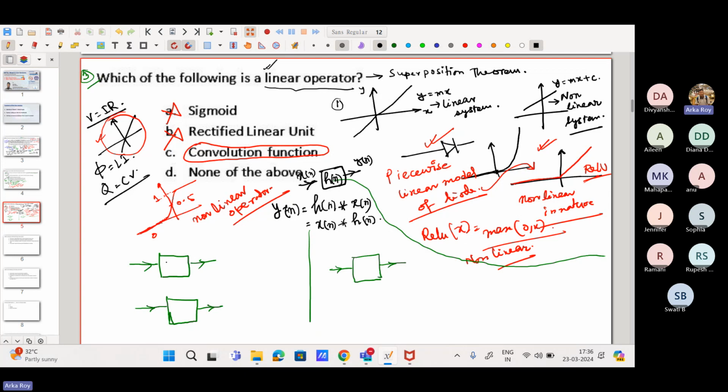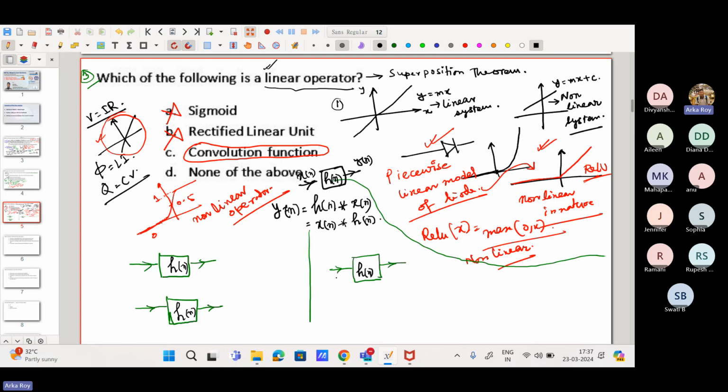So we need to check whether the superposition theorem is obeyed here or not. Let us consider the system response as h[n] in all three cases. The superposition theorem states that you provide multiple inputs separately, take the outputs, and sum them. In parallel, you feed the linear combination of the inputs simultaneously and check the output.